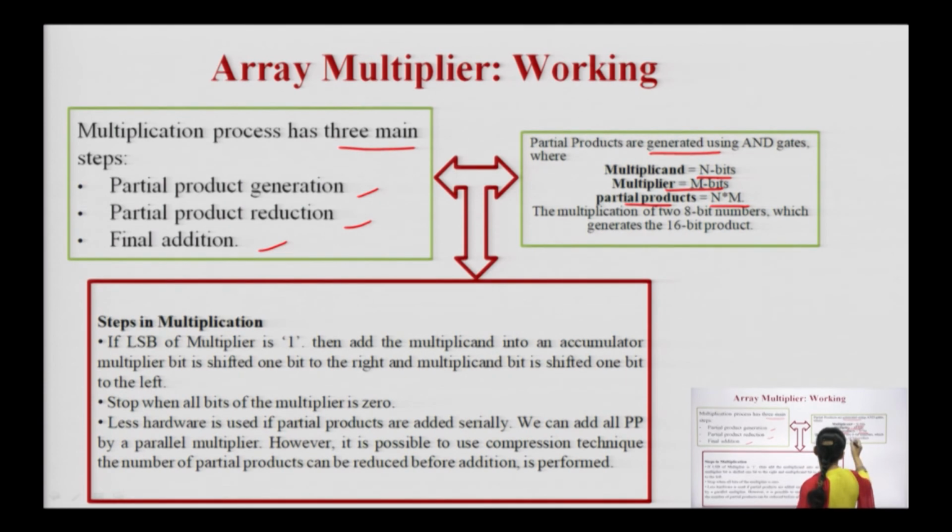For example, suppose I take the multiplication of two 8-bit numbers, then it will generate a 16-bit product. Same steps in multiplication: if LSB is 1, then add the multiplicand to the accumulator. If it is 0, no addition is performed, and the advantage is that less hardware is used.